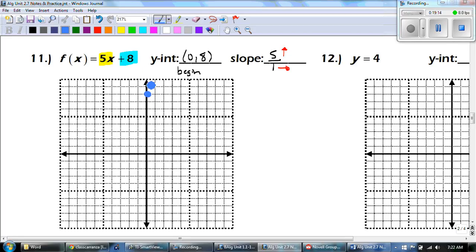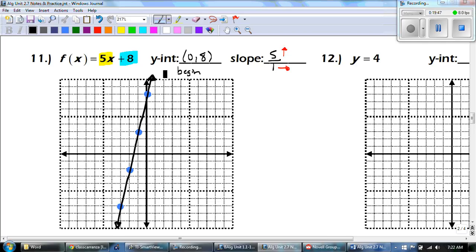Oh, man, it's the same situation. So if I can't go up and to the right, I need to go down 1, 2, 3, 4, 5, and to the left. That's right, down and to the left, because a negative and a negative make a positive. Okay, so it's that same type of situation where we're doing the exact opposite of what it says.